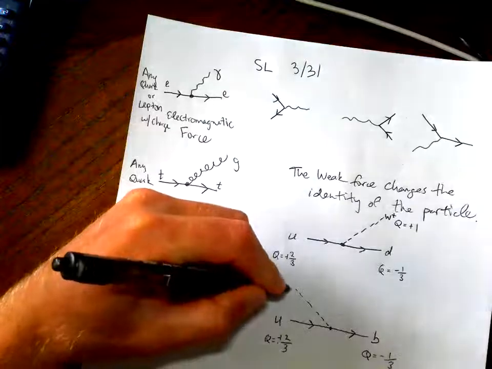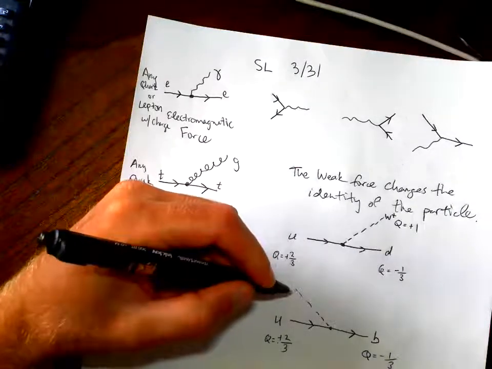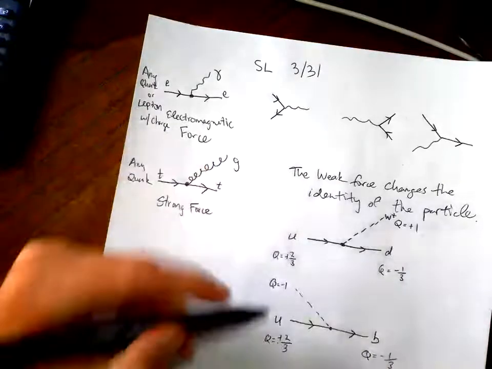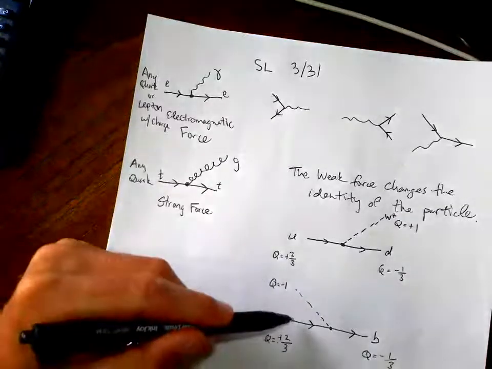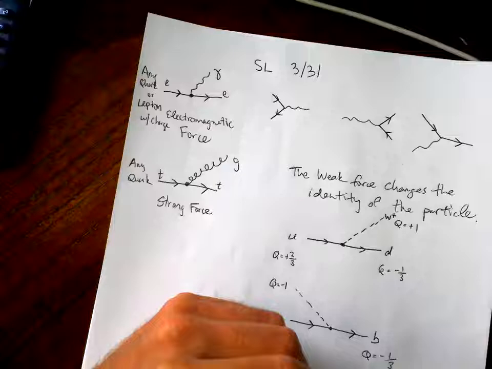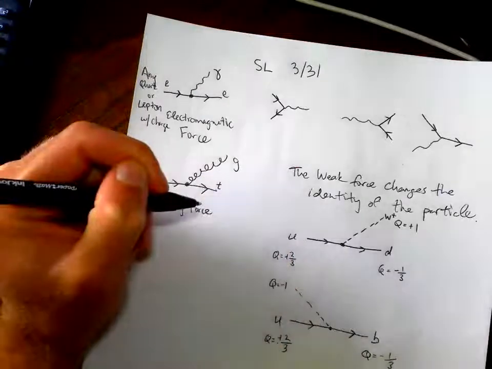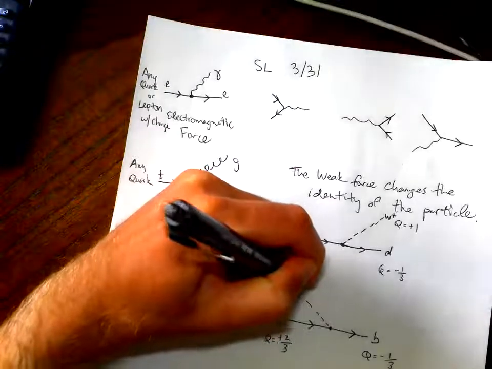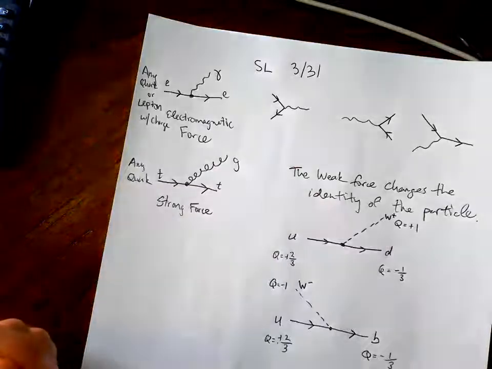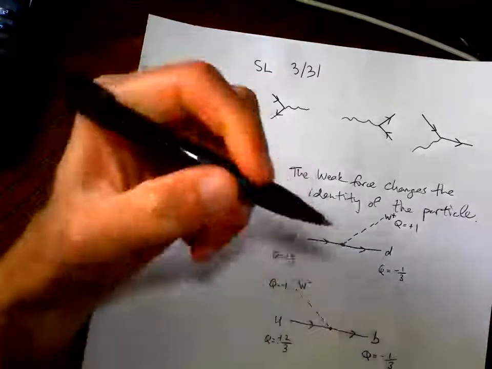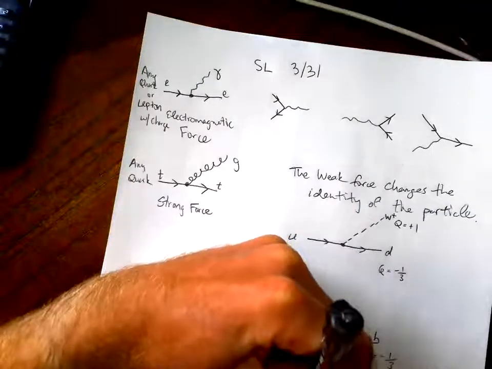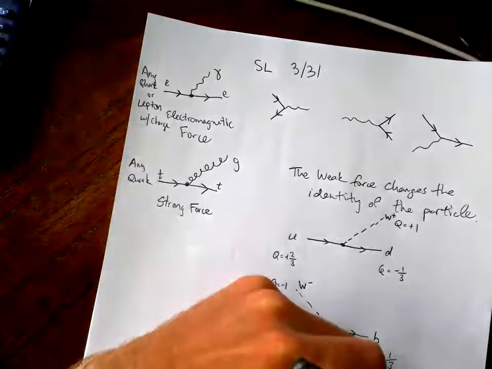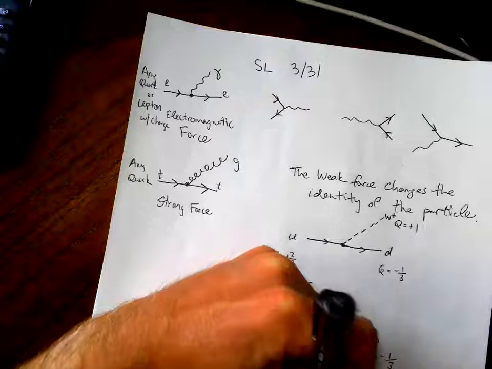So this thing would have to have a charge of minus 1, because that means the charge in the past is minus 1/3 and the charge in the future is minus 1/3. The weak force carrier with a charge of minus 1 is the W minus. So this would be the W minus in that case. What if we had an up quark transforms into a top quark? Something like this.